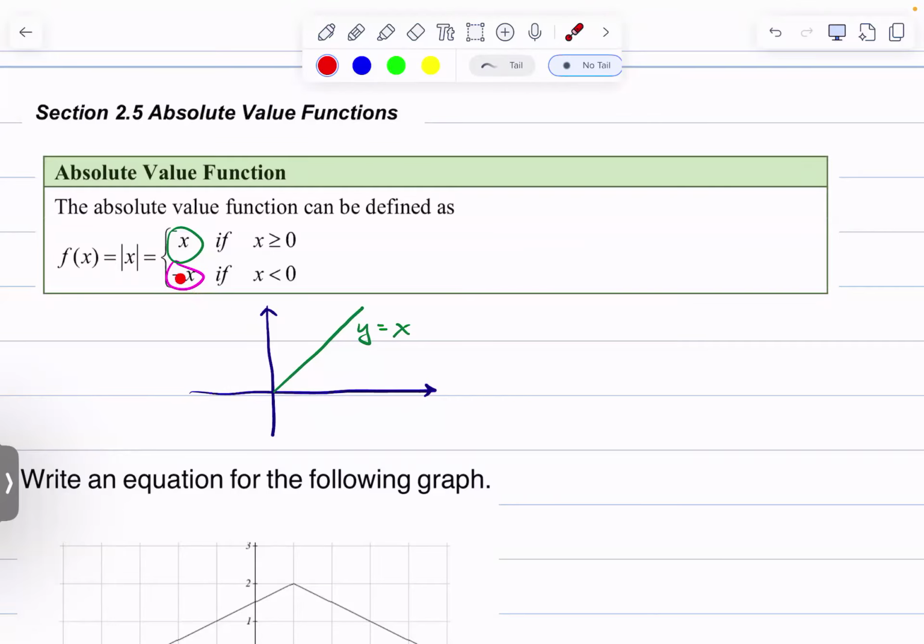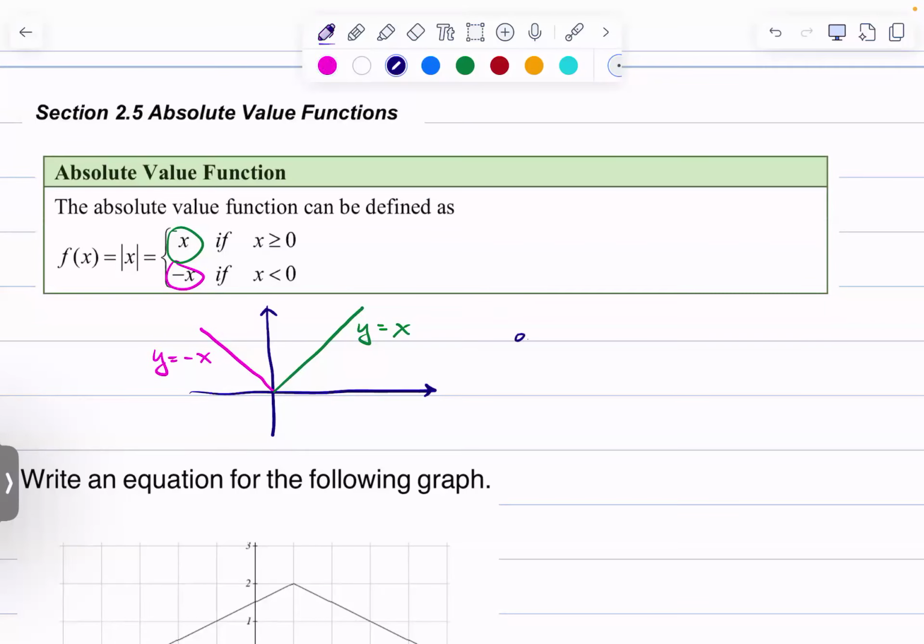We have a negative slope, slope of 1, technically. And so we get this downward diagonal, where y is negative x. And together, they meet up and they make the absolute value function.